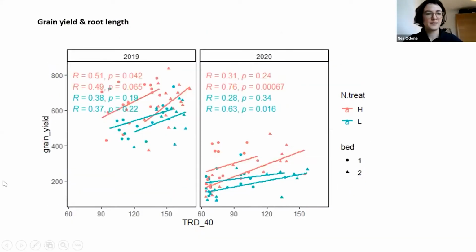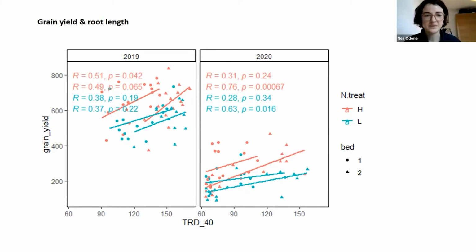So, combining the grain yield and the root length, here I've plotted the grain yield versus this deep root trait measurement for 2019 and for 2020. And the red is showing the high nitrogen treatment and the blue is showing the low nitrogen treatment. And we have 2 lines for each because we have 2 separate beds or blocks within the facility.